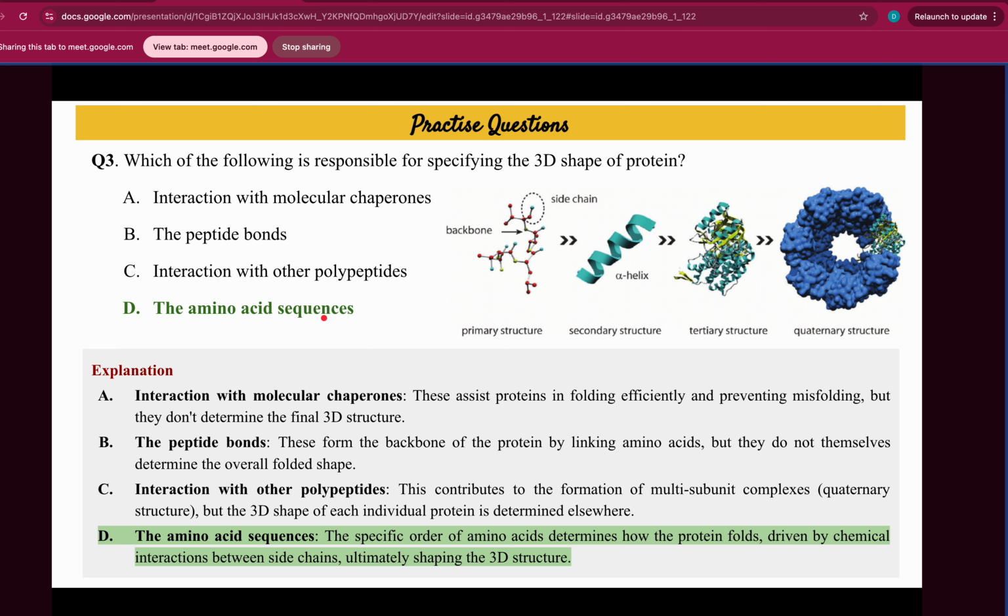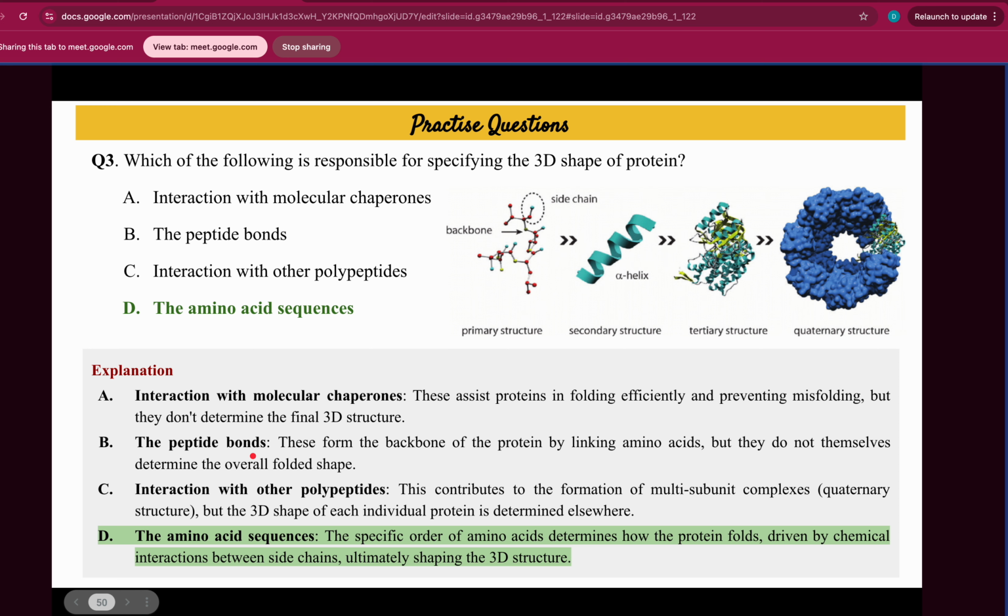So we have already discussed that the 3D shape of a protein is determined by the amino acid sequence. So the primary sequence governs what the 3D structure will be, because in protein engineering what we are doing is changing the amino acid sequence and then bringing about a change in the protein function. If we talk about the other options, molecular chaperones are generally involved to improve protein folding. If a protein is misfolded, the chaperone helps to prevent that misfolding and folds it properly into a three-dimensional structure.